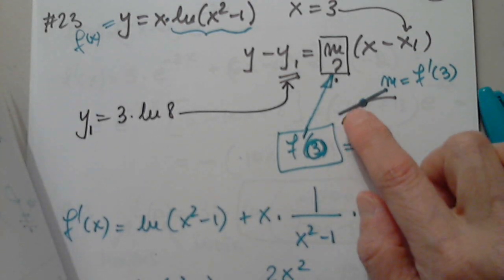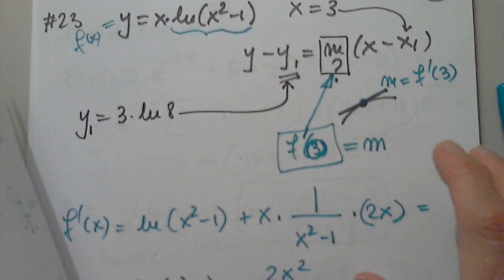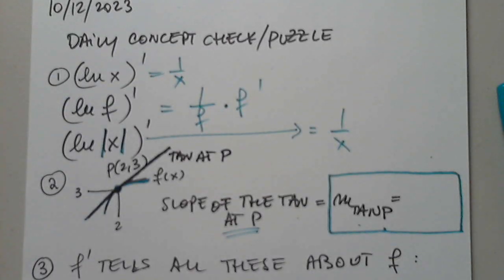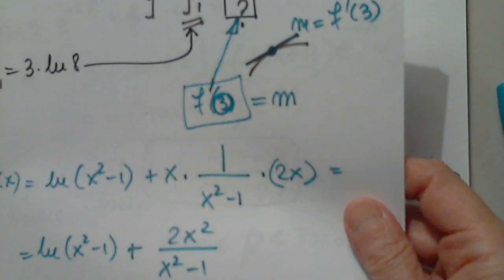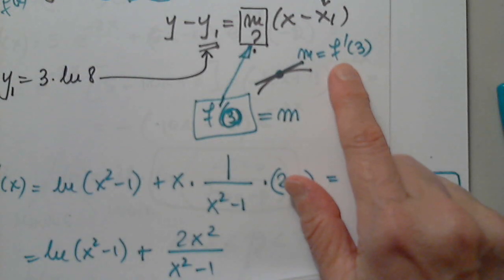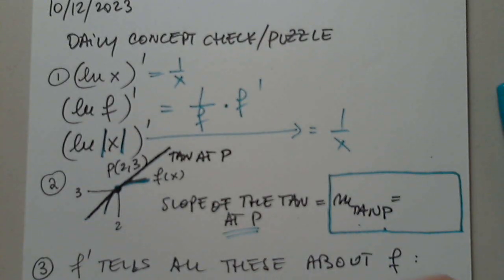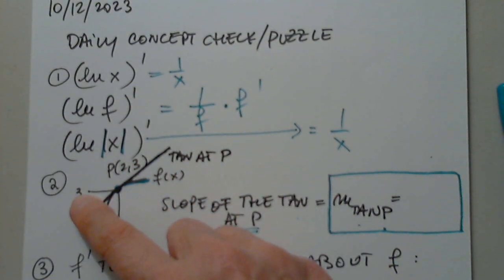So what is the slope of the tangent line to the graph of f of x for our example? Did it say f of 3? Careful. It cannot be of 3 because 3 is the y value.